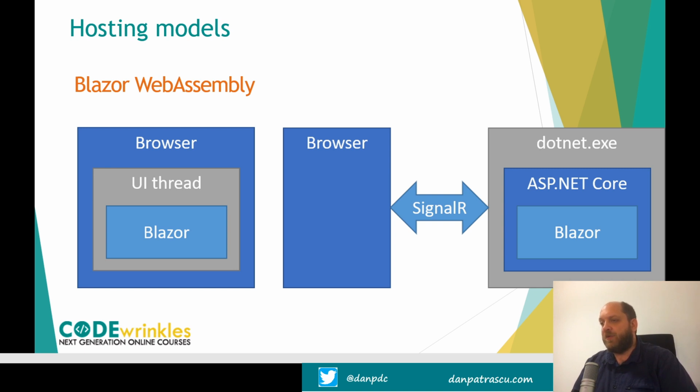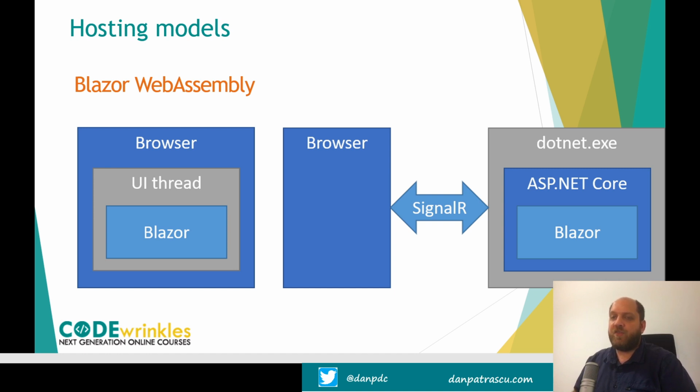Then on ASP.NET Core we compute the new HTML that should be rendered based on the event that just happened, and then the differential HTML, so only the changes that are needed, is sent back to the browser via the same SignalR connection. So the main advantage here is that all rendering and all logic, all processing, is done on the server side, and all UI modifications are transmitted via this SignalR connection, which is very interesting.